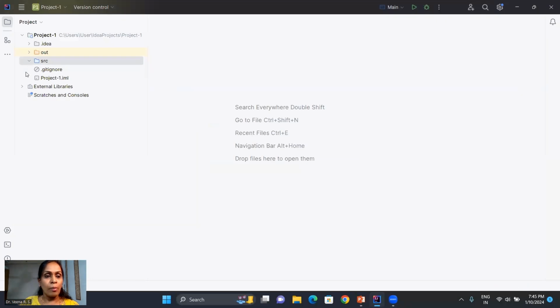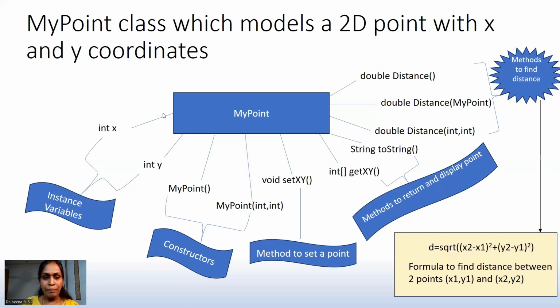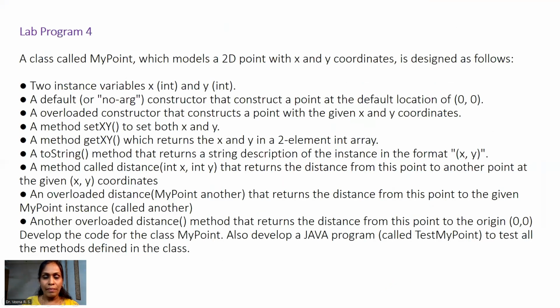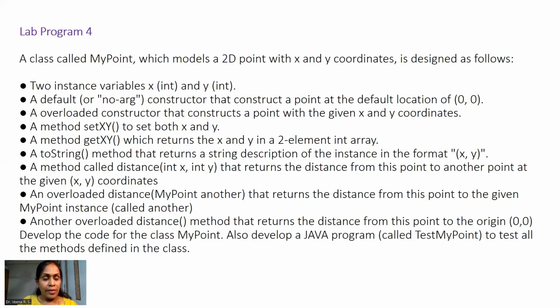And as the problem statement says, you have to create a class called MyPoint, and you have to create an object of this MyPoint and test all the methods which are described over here using the program that is TestMyPoint.